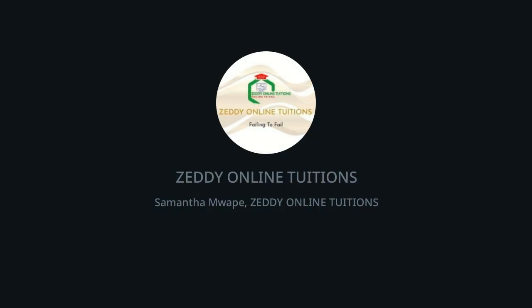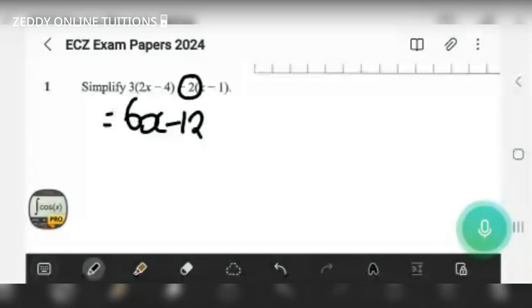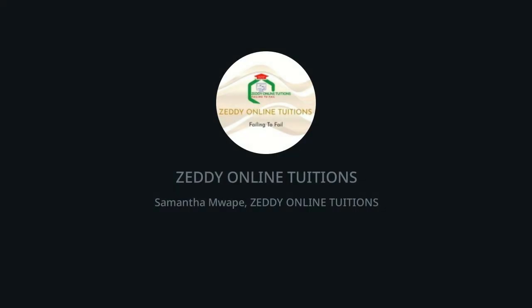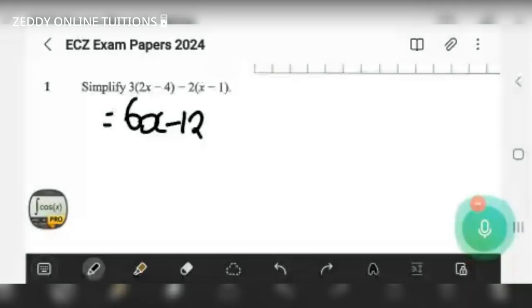We have to now. What number is this? What number is that? This one. It's negative 2. Yes, it's negative 2 multiplied by x. What are we getting? We are getting negative 2x.